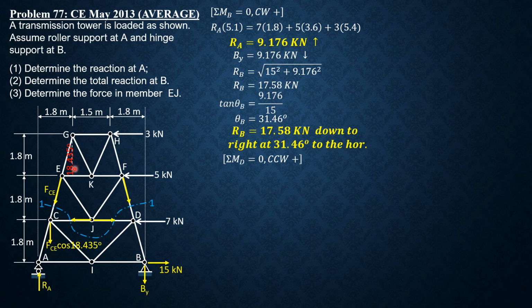Now, for the distance, again, since each length is increased by 1.2, 1.8 plus 1.8, 3.6 divided by 3 is 1.2. So 1.5 plus 1.2, the total length of EF is 2.7. Then let's divide it into 2, 1.35 meters each.